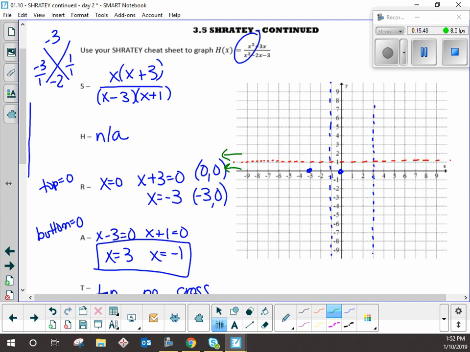But since I have this point right here, because I won't always have a point on that left side, but in this instance I do. Since I know I have this point, I can infer or deduce, I'm not sure if we're inferring or deducing, that it has to be approaching the horizontal asymptote from below in order to be passing through that point.